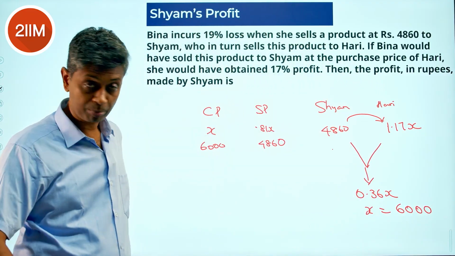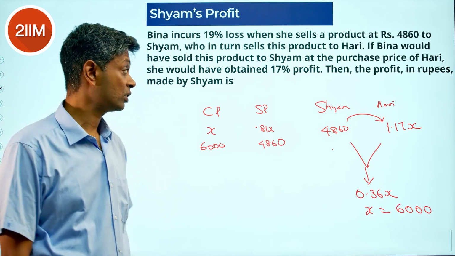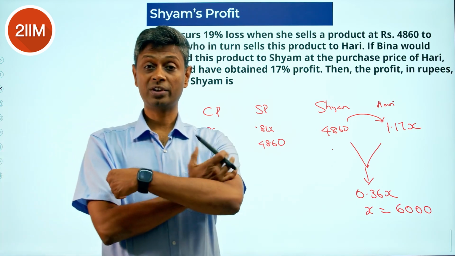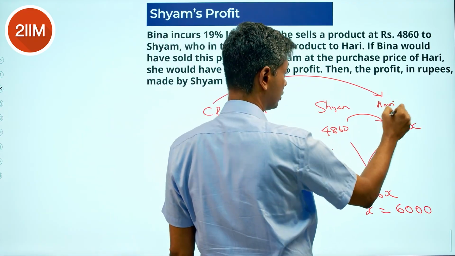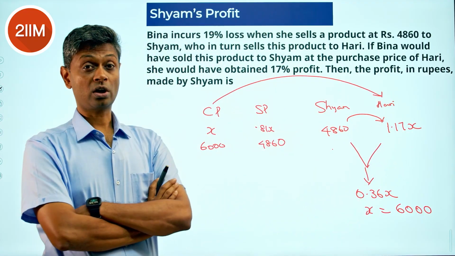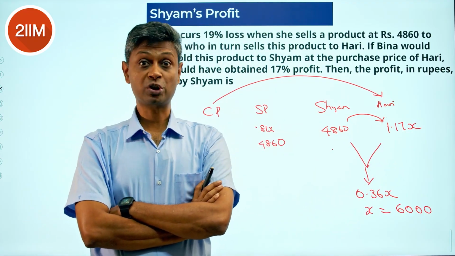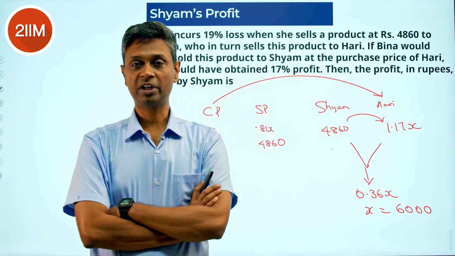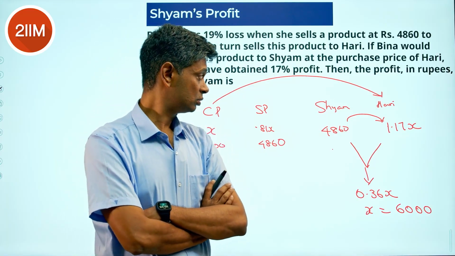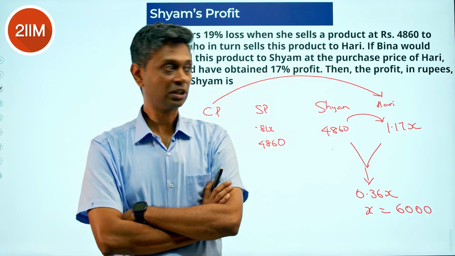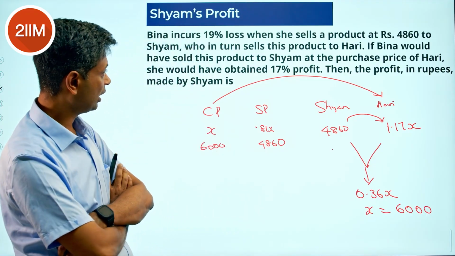Shyam's purchase price is 0.81x. Shyam's selling price is 1.17x. Because Bina, if she had sold directly to Hari at this point, or at Hari's purchase point, if she had sold to Shyam, she would have made 17%. Or 36% of x is what we need to find. That's the profit that Shyam makes in rupees.